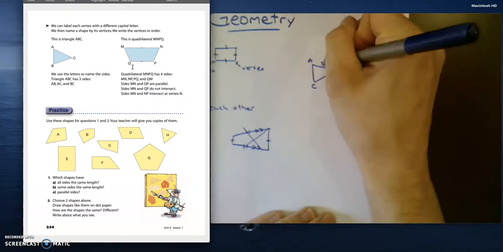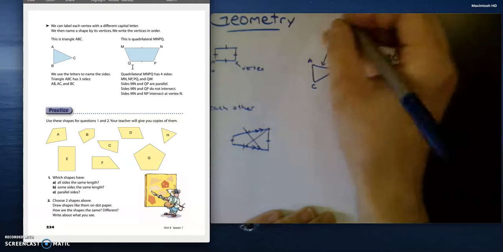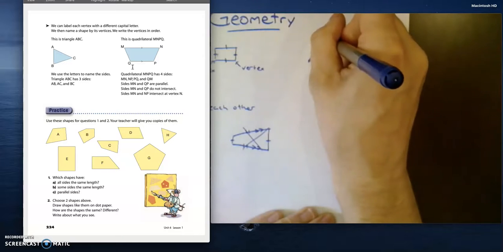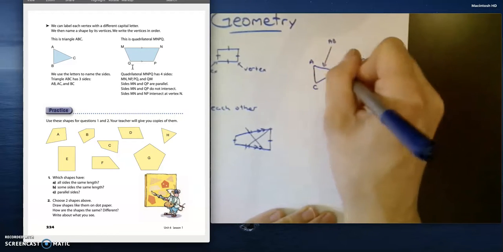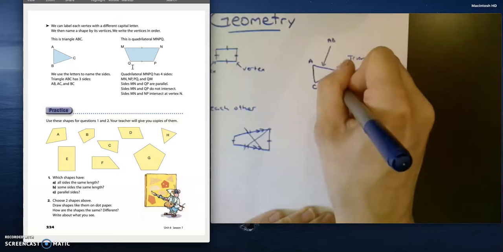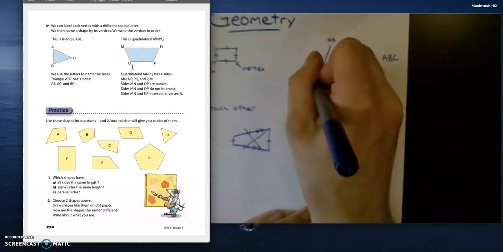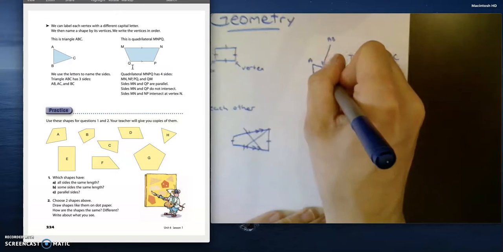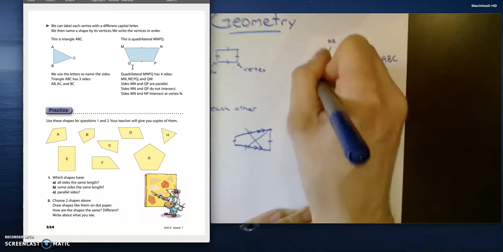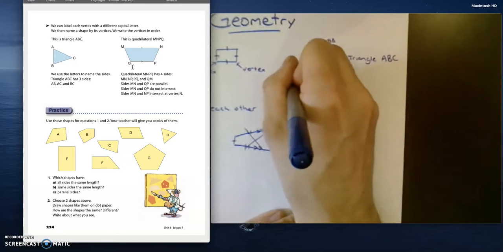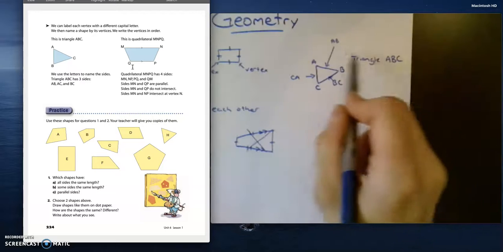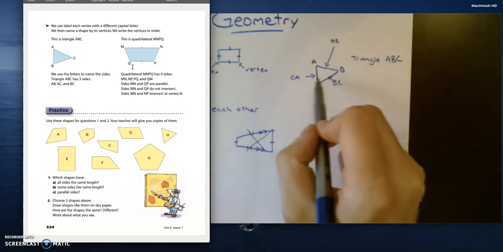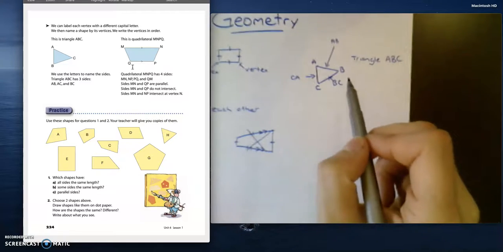This, okay, I can name, this is side AB. Okay. This is side BC. Okay. This is side CA, or AC. Okay. So I can label the whole shape, and then I can label the individual sides, right?